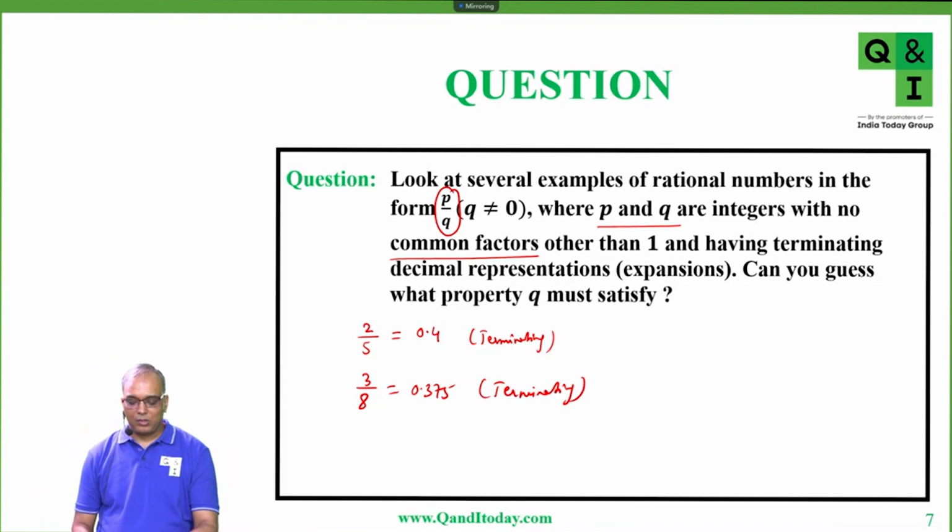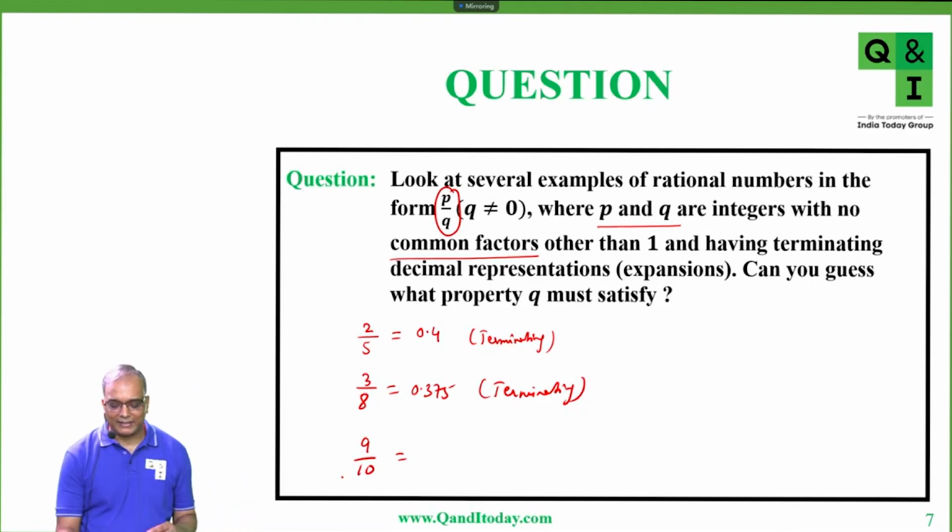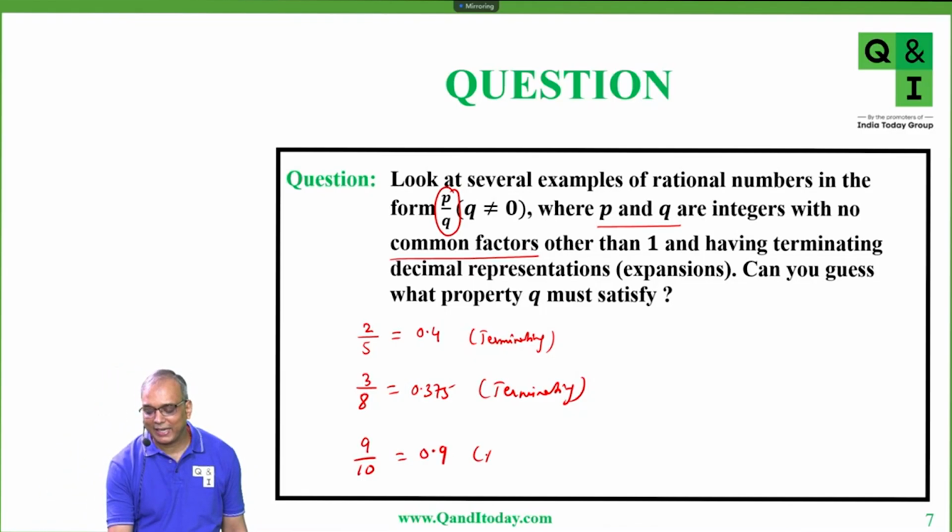Now let us take one more. So let's say we take 9 over 10. 9 and 10 don't have any common factor, and 9 by 10 is 0.9, which is again terminating.